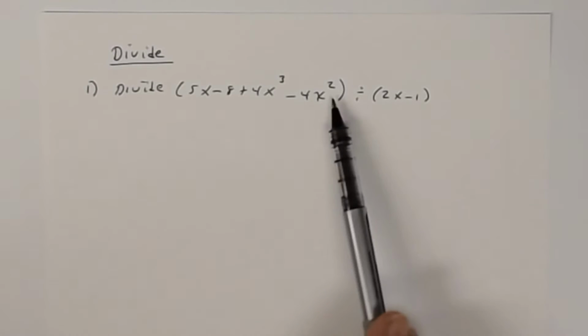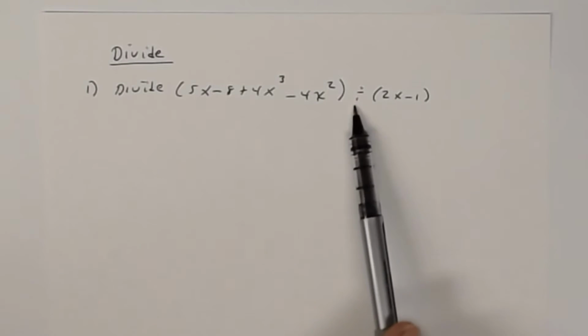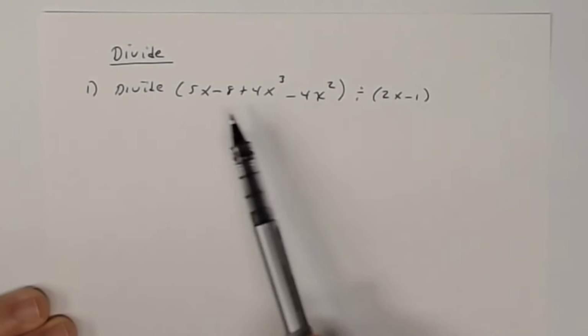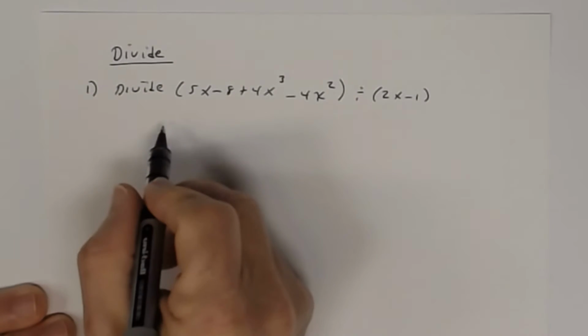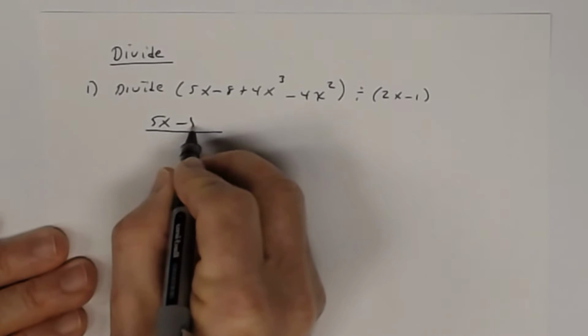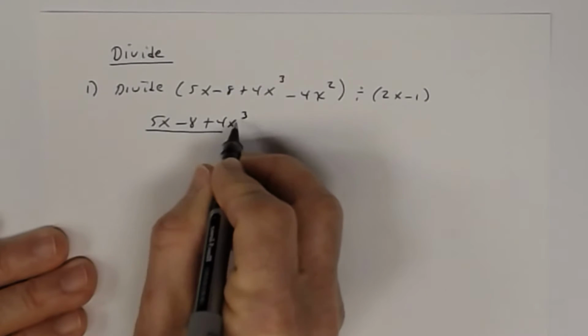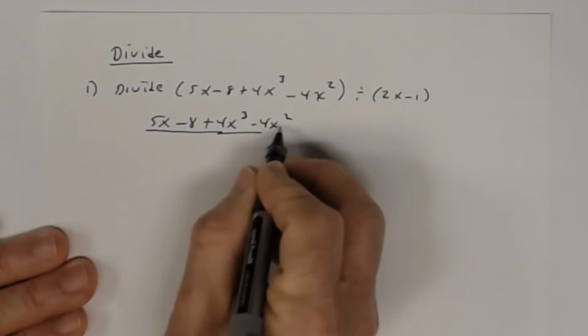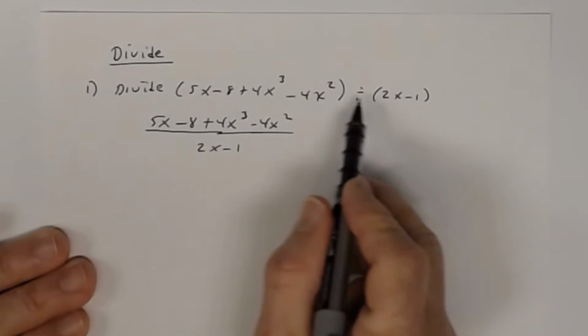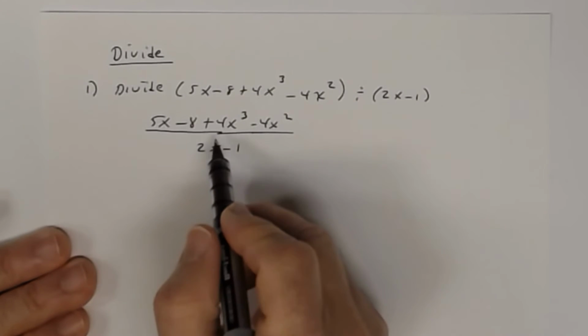So you have this polynomial in parentheses divided by this polynomial. Okay, so I just want to remind you, another way you can write this is this way as well. So you can say 5x minus 8 plus 4x cubed minus 4x squared divided by 2x minus 1. So the way that this looks means the same thing as this.